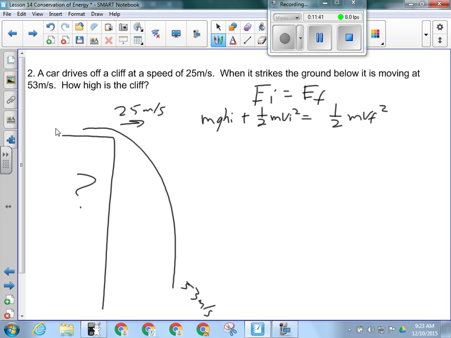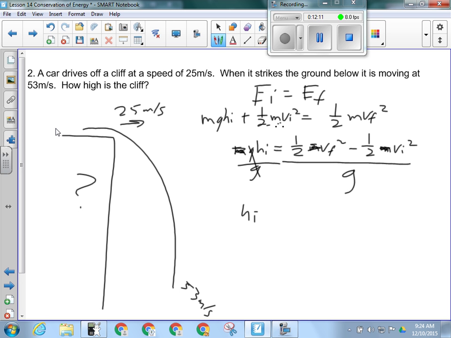So what do I need to do with this? Subtract it over to the other side. So I'm going to have m times g times hi equals 1/2 mvf squared minus 1/2 mvi squared. What can I do right now? Take out the m's because they didn't tell me what it was anyway. Now what do I do? Divide by g.